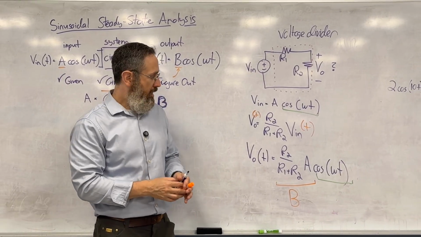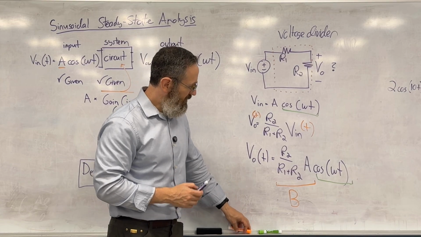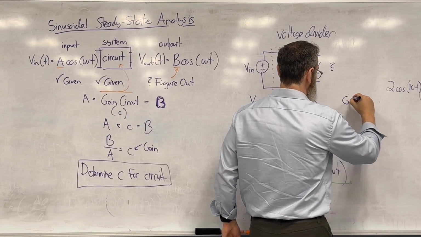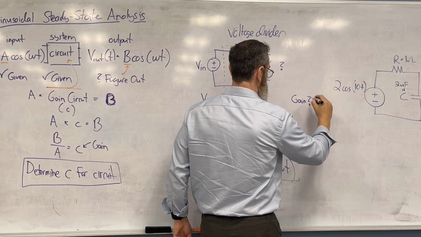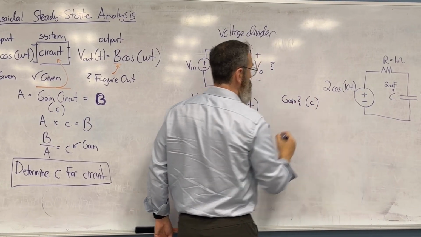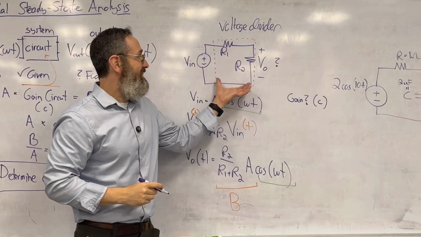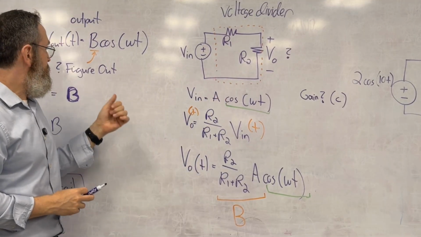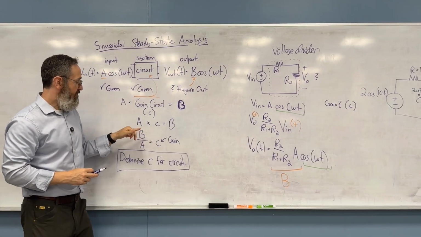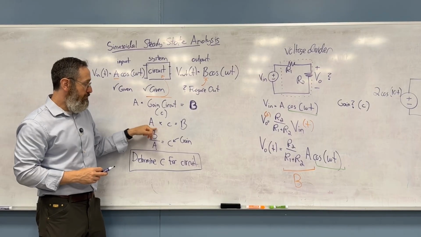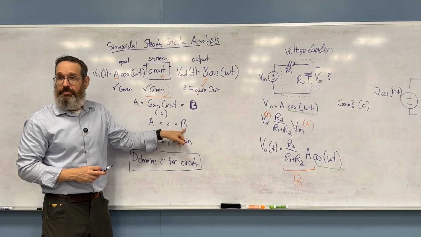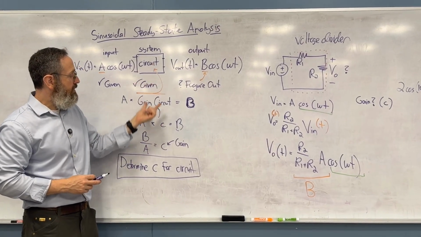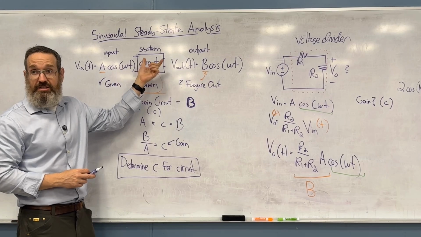I could also ask you, what was the gain in this case, which is this thing I'm calling lowercase c? What is the gain of this circuit? Remember, the gain is the thing that we multiply the amplitude of the input by to get the output. The gain is a function of the circuit.